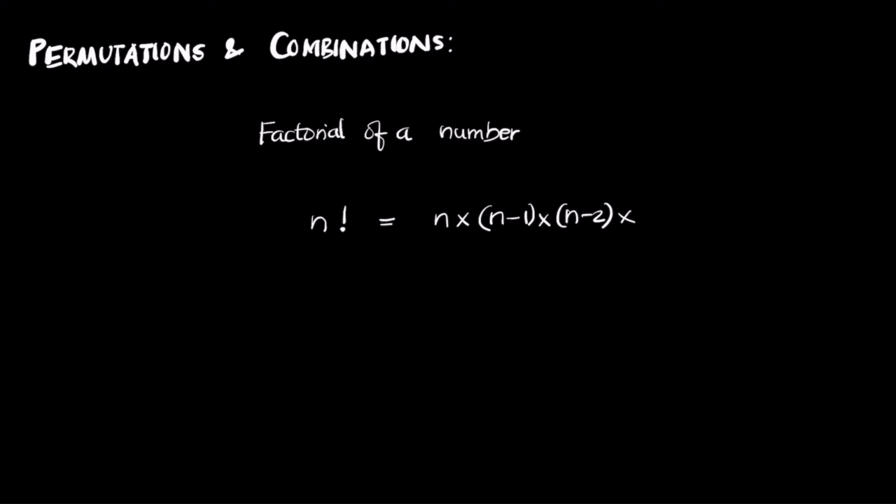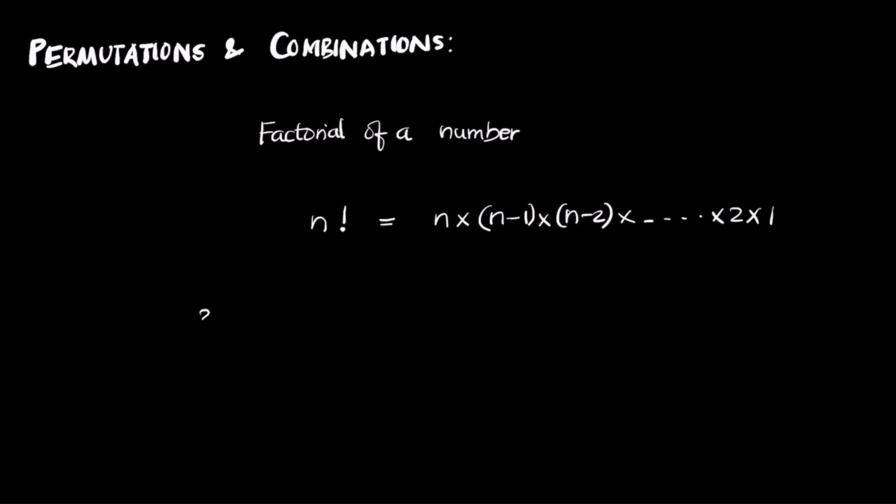Before we discuss permutation and combination, let's discuss the term factorial. The factorial of a number, for example, let's say the number is n, we write it as n factorial, is the multiple of all the values that are before it until 1.